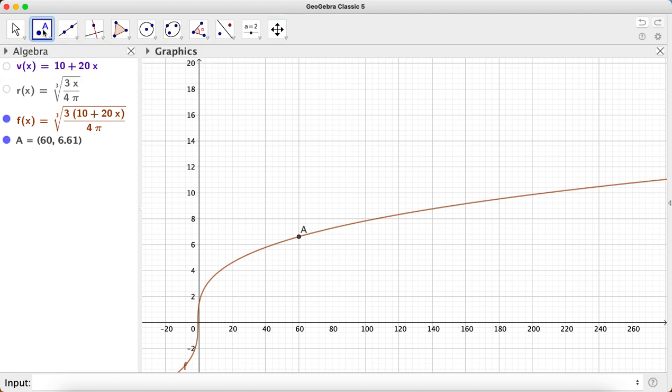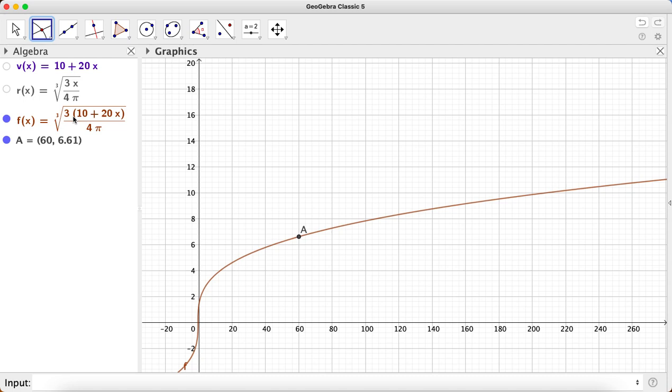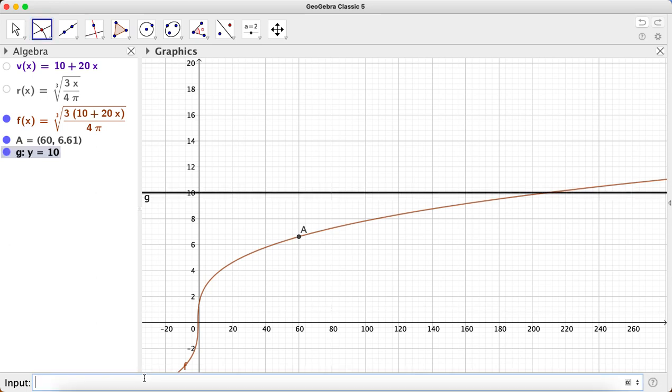So right here, under this point, we could intersect, and we're going to want to draw a horizontal line at y equals 10, and then we're going to intersect both lines at this point here.